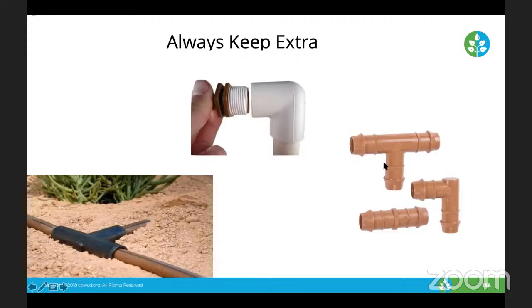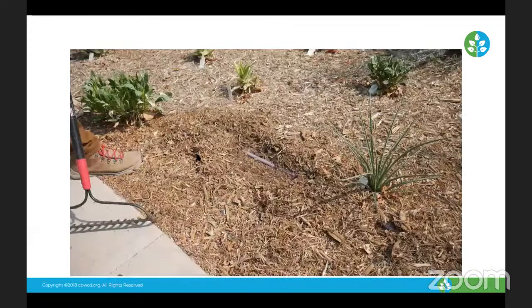You can easily do repairs, but always want to keep extra. You can get packs of 25 couplings or 90s or T's. I know we here at the Waterwise Community Center have quite a bit of stuff on hand. We're constantly looking and trying to find any issues and doing any repairs.